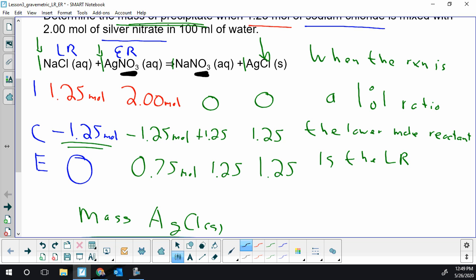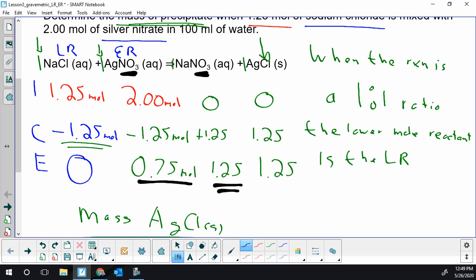If you think of nitrate, at the end, there is 1.25 moles written as the product, but we have 0.75 moles left over from the reagent. If you put those two pieces together at the end that both contain nitrate, you get that 2 moles that I think you're expecting.